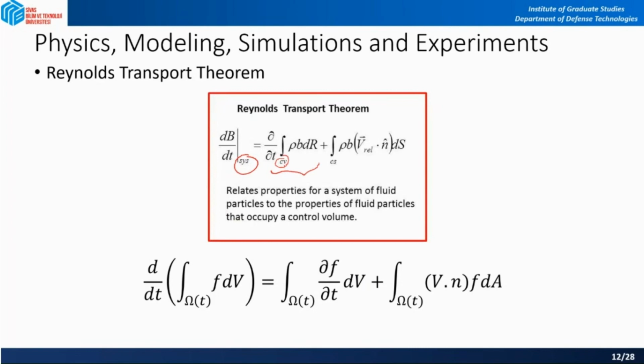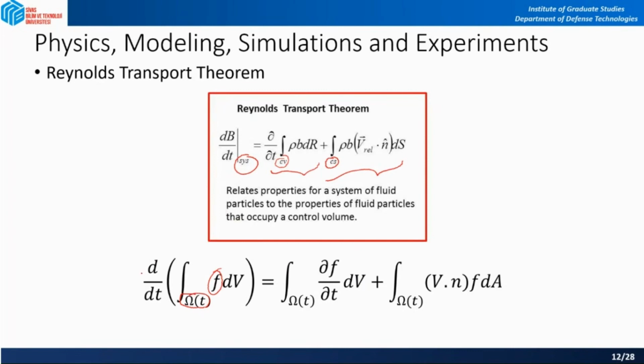And also you have to take into account the variation of the surface in here. So in a better way, if you write it, it's a function f whose boundaries are changing with time.